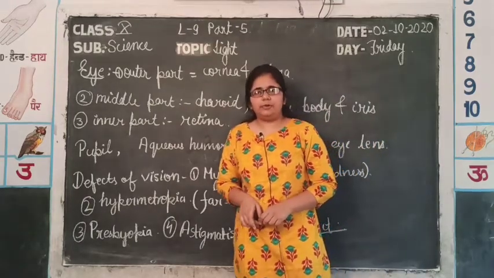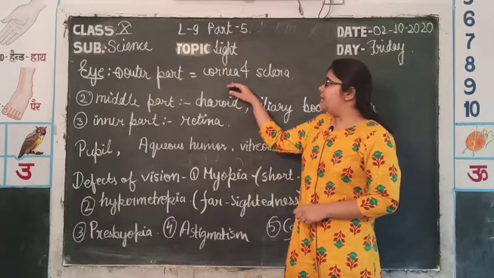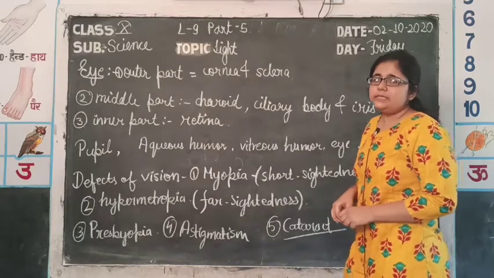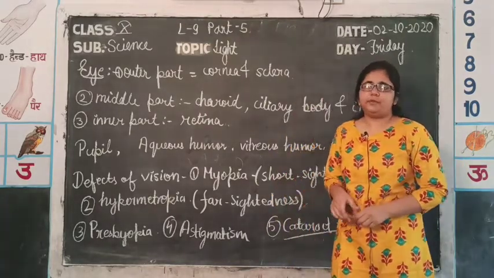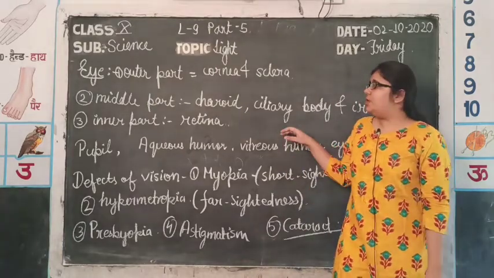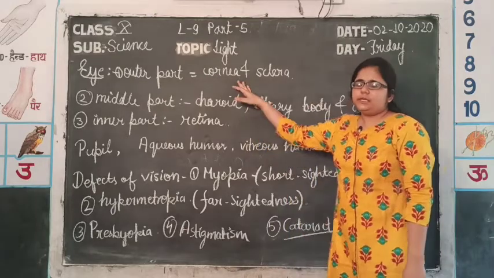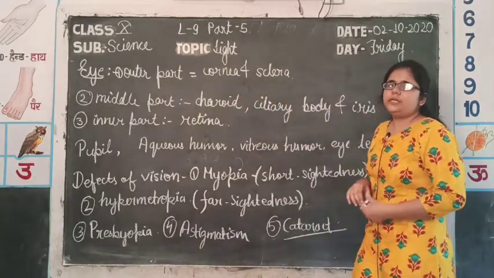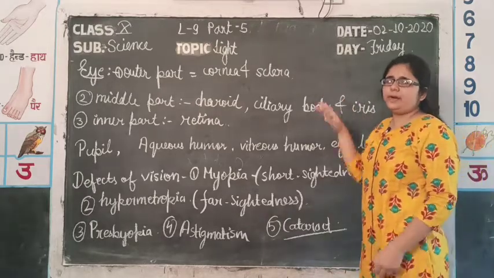The first part is the outer one surrounding the eyeball, that is cornea and sclera. Cornea is a transparent part which contributes approximately two-third of the power of the eye. So, cornea refracts most of the light and lets it concentrate towards the retina, and sclera is the posterior part, backside part of the eye, which is also known as the white of the eye.